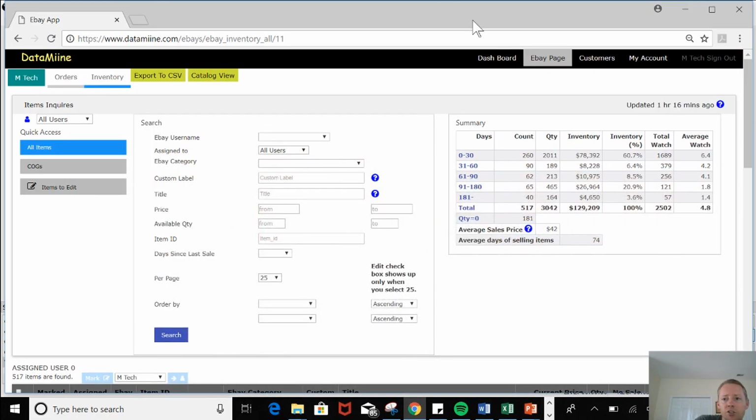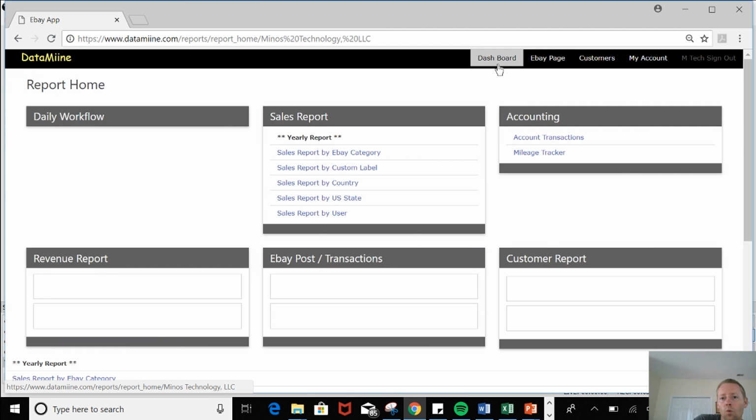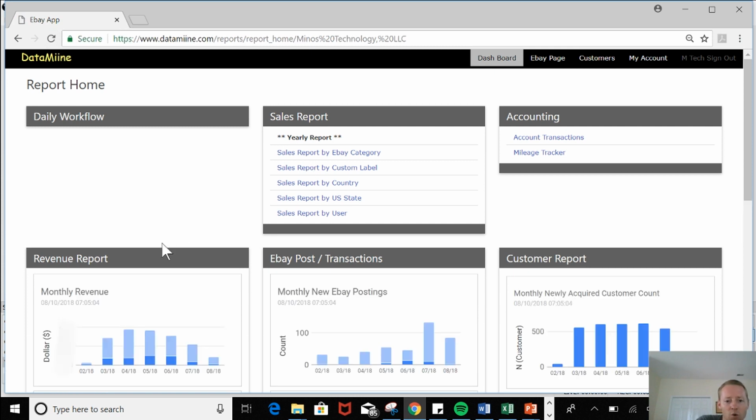Another neat thing I can show you is, in your DATAMiine dashboard page, we can look at revenue versus transactions. When I see our revenue starting to slide, which is very common this time of year, what am I thinking in my mind? We need to get more exposure out there.